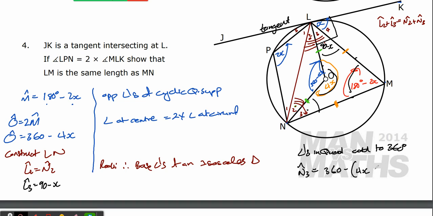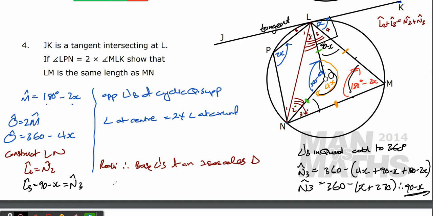So 4x plus 90 minus x plus 180 minus 2x. For N3, 360 minus: 4x minus x gets you 3x, 3x minus 2x is x, 90 plus 180 is 270, and 360 minus 270 gives you 90. So you get 90 minus x, and that's equal to N3.